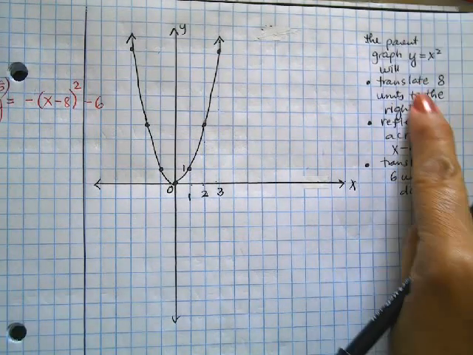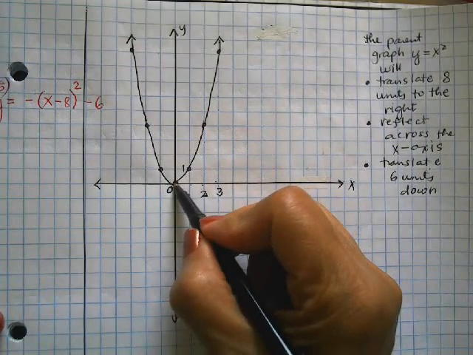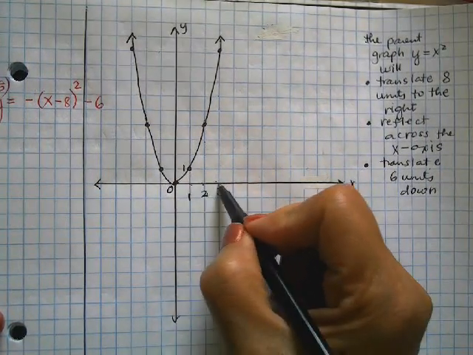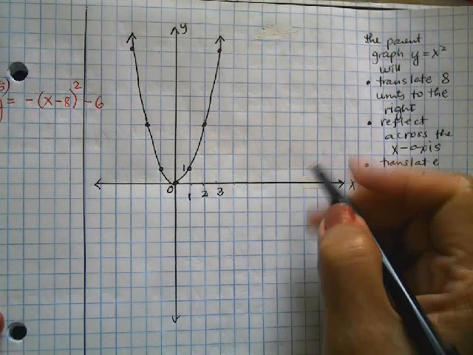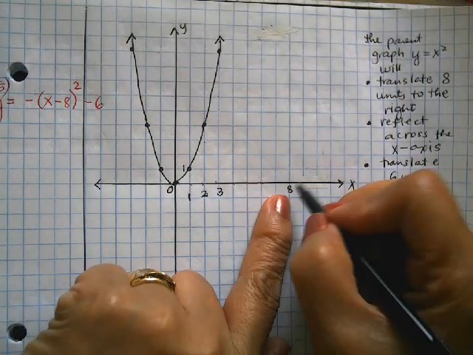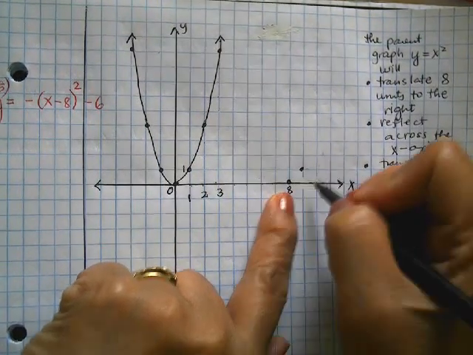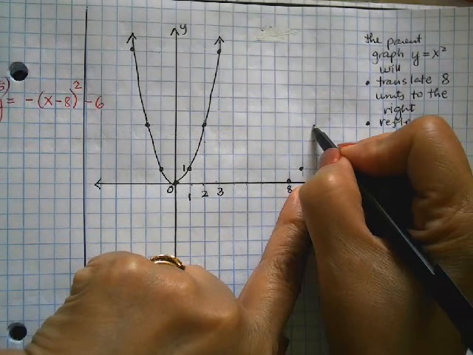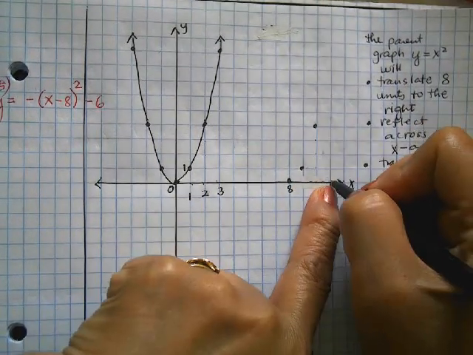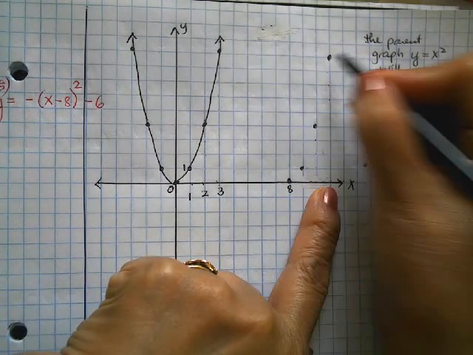So let's start. We will translate these 8 units to the right. So I'm going to count 8 to the right of my vertex. 1, 2, 3, 4, 5, 6, 7, 8. Okay, and I'm going to draw my parent graph here. Starting here again, my vertex. So 1, 1, 2, 4, and 3, 9.